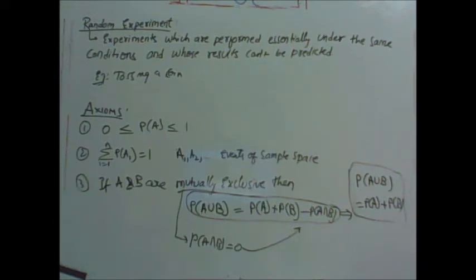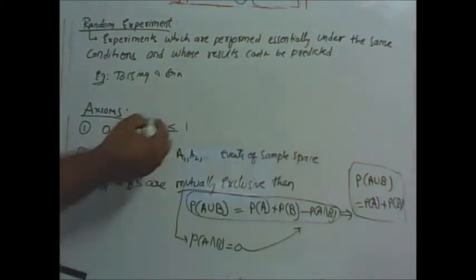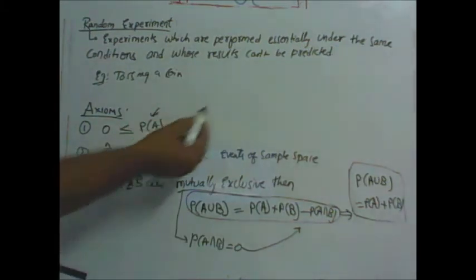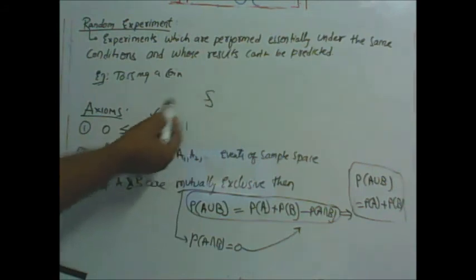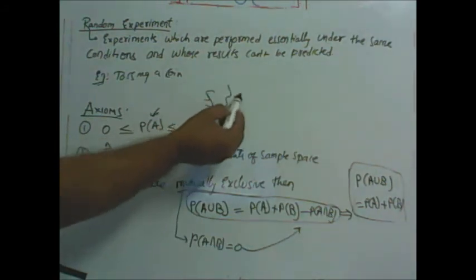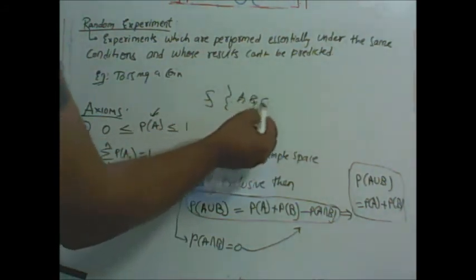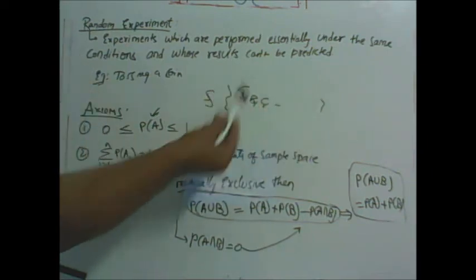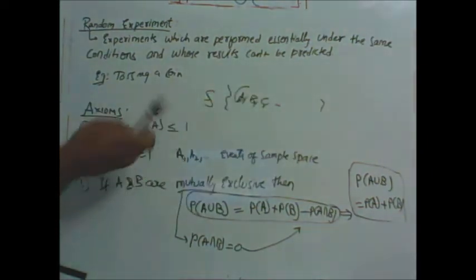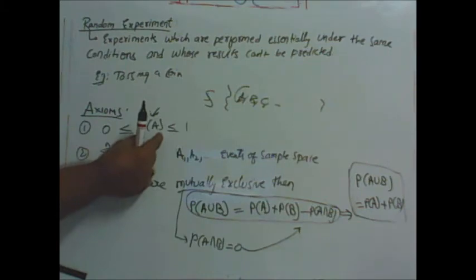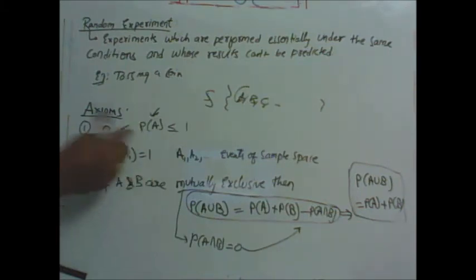Now coming to the axioms of probability. The first one is the probability of any event A of the sample space. If S is the sample space, in that there are several events A, B, C and so on. For any event, every probability always lies within the bounds of 0 and 1.